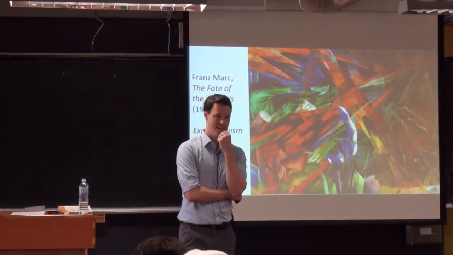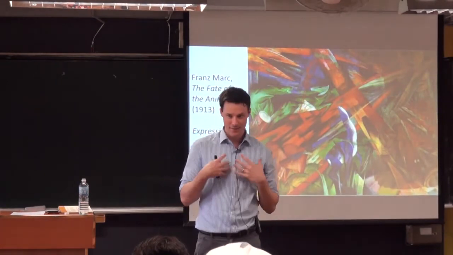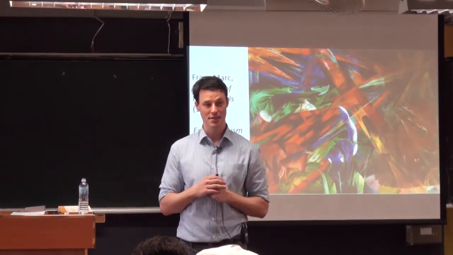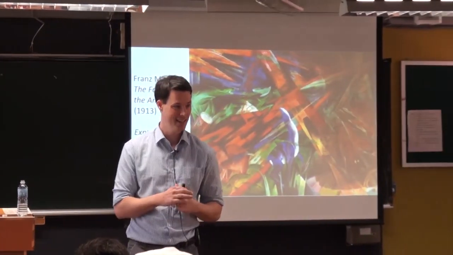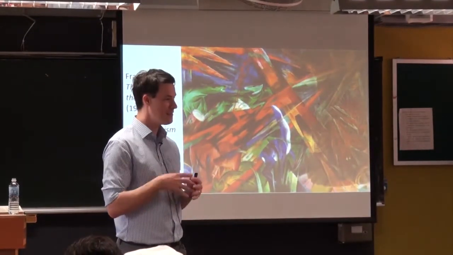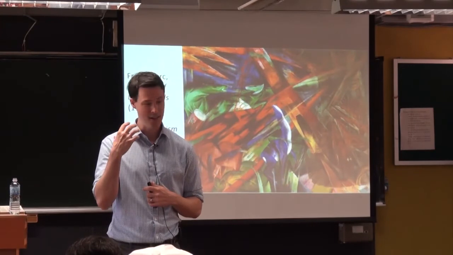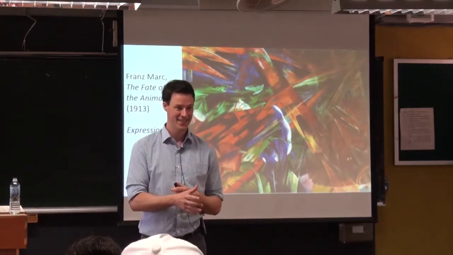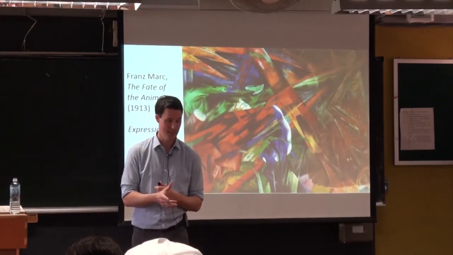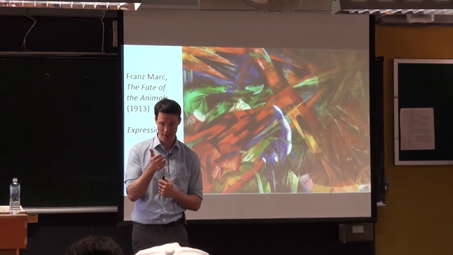It might be a little bit difficult. You might have to do it through abstraction, through emotion, right? Like this. This painting is very emotional. It's very powerful. It's very violent, right? And again, it does that through color and shape.